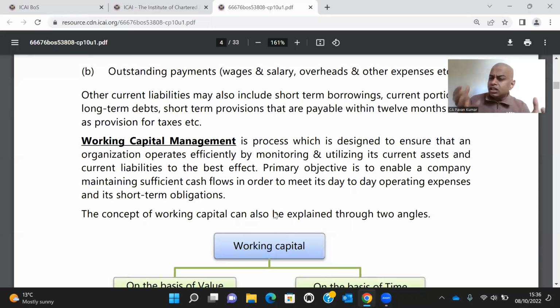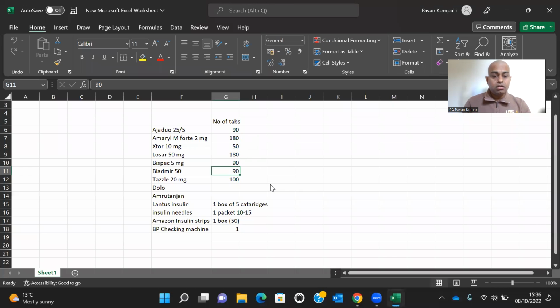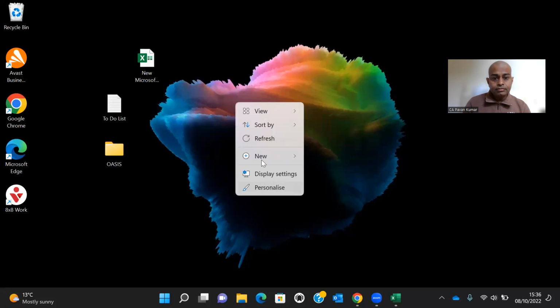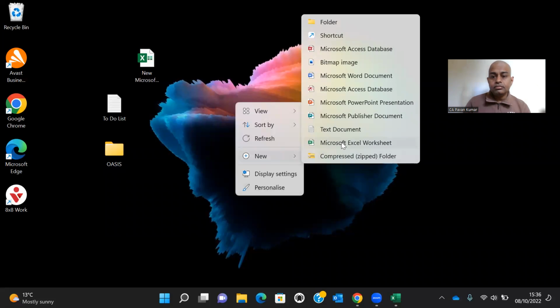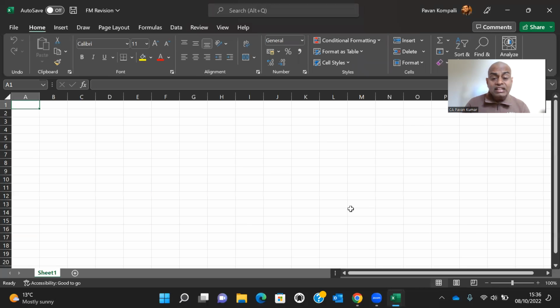Can anyone tell what the two factors we are trying to balance are? I am waiting for your answer. Opportunity cost, current assets, current liabilities.